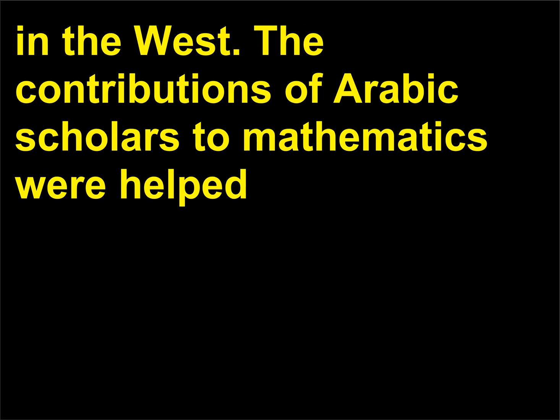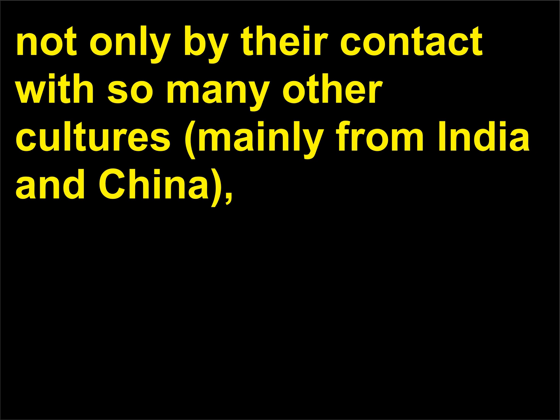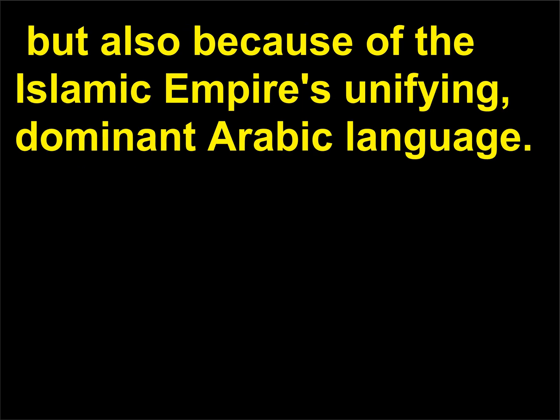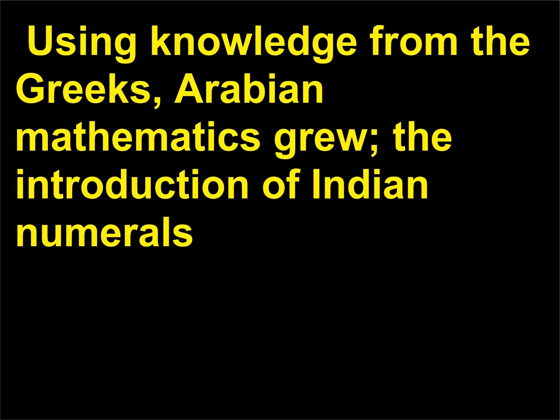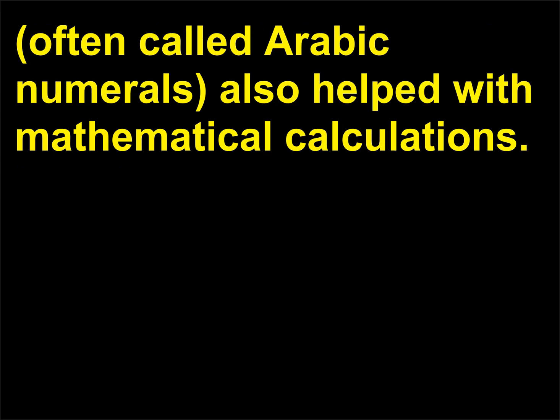The contributions of Arabic scholars to mathematics were helped not only by their contact with so many other cultures, mainly from India and China, but also because of the Islamic Empire's unifying, dominant Arabic language. Using knowledge from the Greeks, Arabian mathematics grew. The introduction of Indian numerals, often called Arabic numerals, also helped with mathematical calculations.